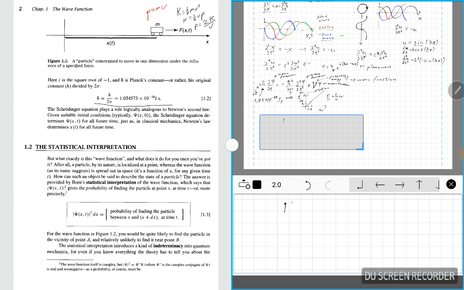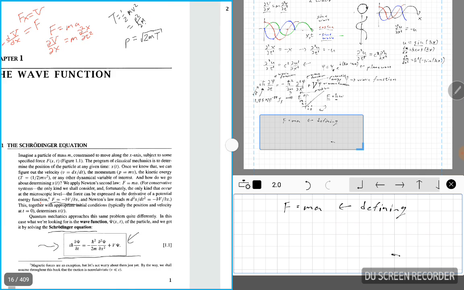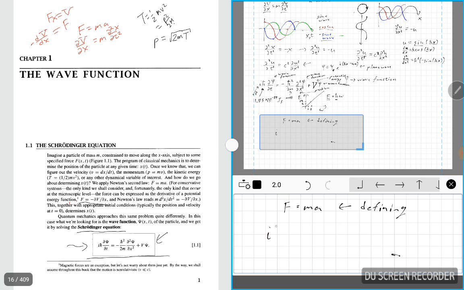So instead of having F equals ma be our defining equation, being the equation that we can use to find out everything we want to know about the particle, now it's the Schrodinger equation. Now it's this guy. This tells us everything that we could ever possibly want to know about the particle will be wrapped up in the wave equation.